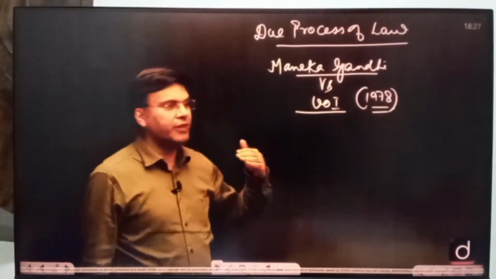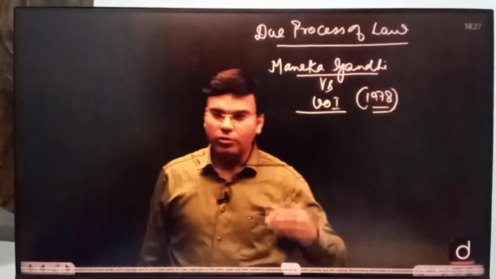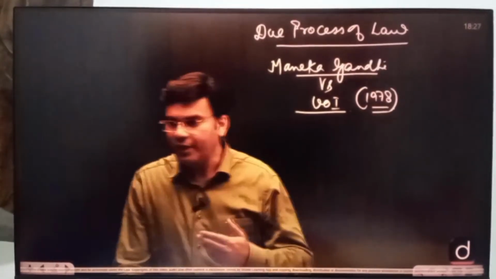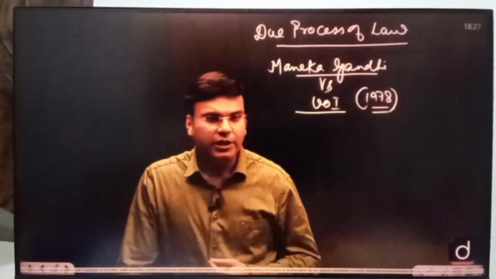and this time they came up with a new judgment where they said that now if a law is taking away anyone's personal liberty, then what I have to do?